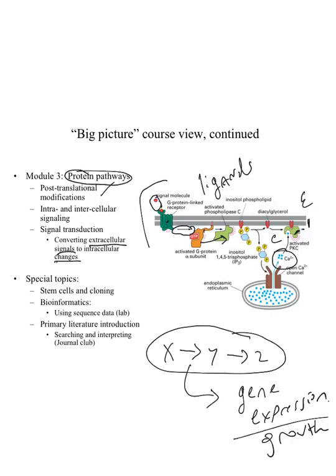Turns out a lot of these signaling networks are modified at the post-translational level after the protein's already been produced. How does the signaling work, and how are those mechanisms uncovered? And then some special topics as well. We'll do some primary literature introduction, and we'll do some work on stem cells and cloning as well as bioinformatics in that third unit.